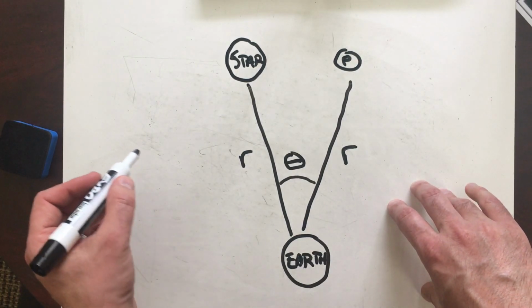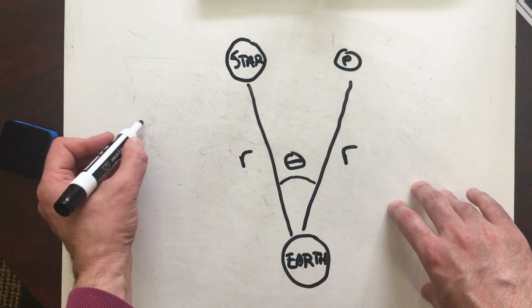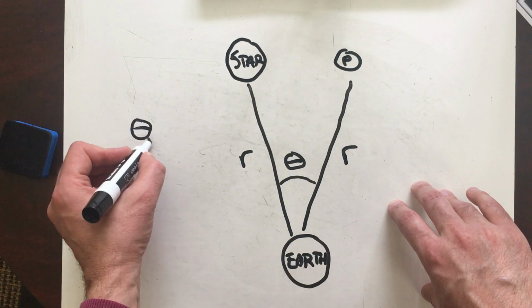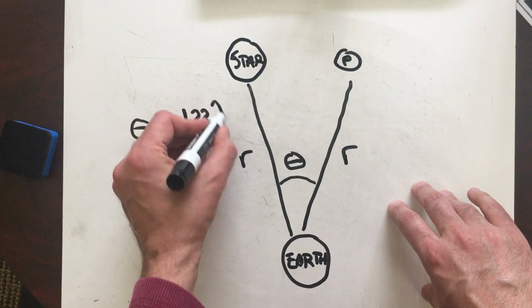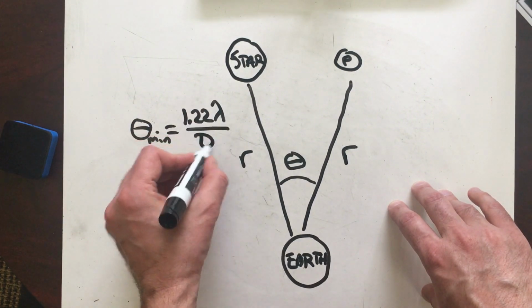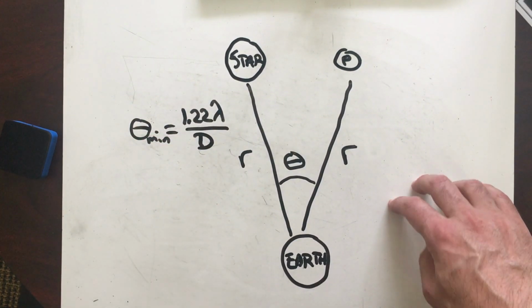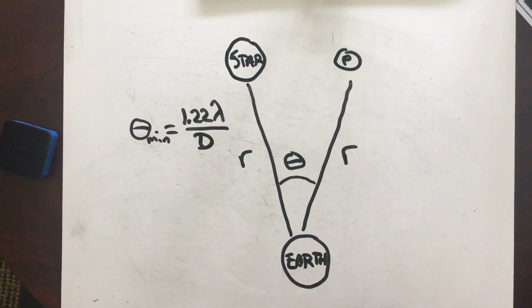And we know the formula to be able to resolve that, right? That's theta min equals 1.22 lambda over d. And d is the width, or we commonly say the diameter because we're usually dealing with mirrors that are in a circular shape, but it's technically the width of our optic, or in this case, our mirror.